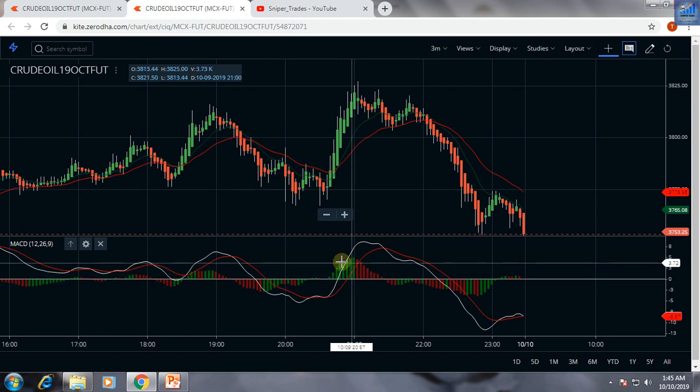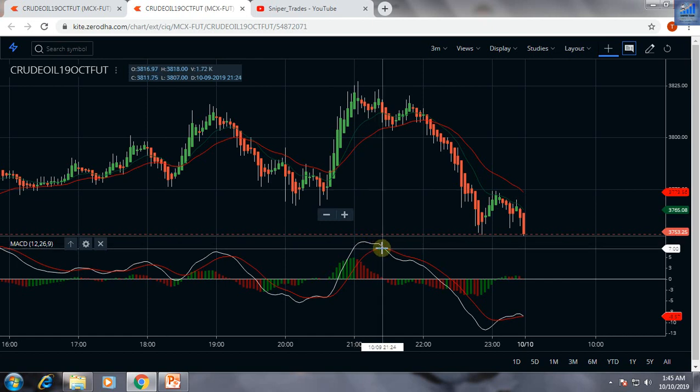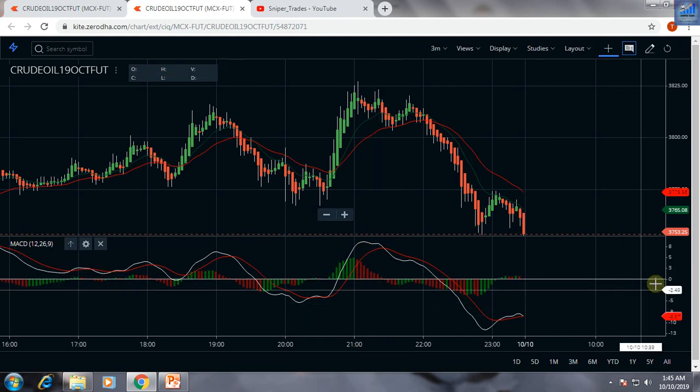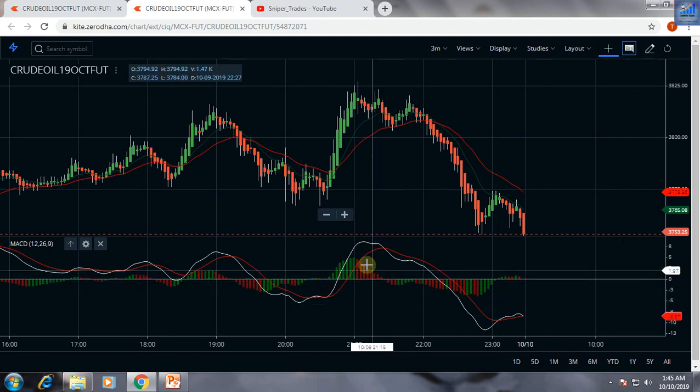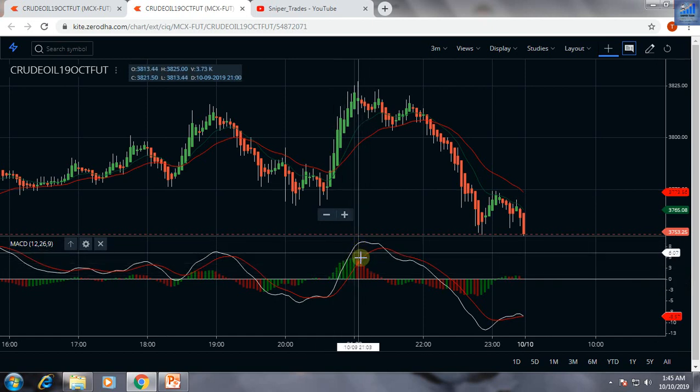So it means that the histogram is growing bigger, and later we can see the MACD line coming closer to the signal line, and the histogram getting smaller and smaller toward the baseline, that is the 0 value. This histogram is nothing but the difference between these two lines, the MACD line and the signal line.